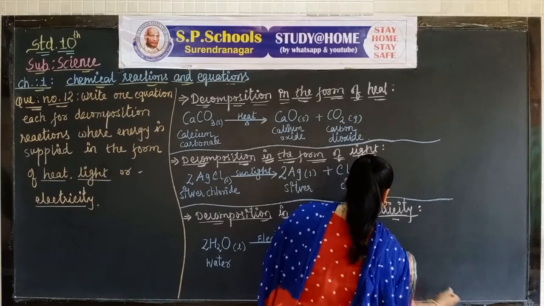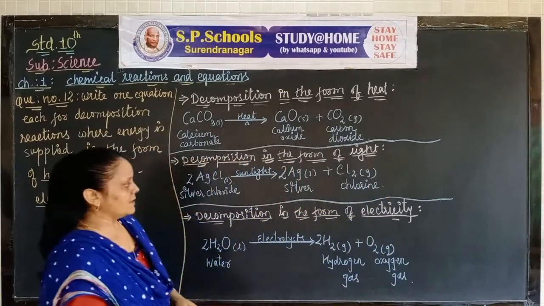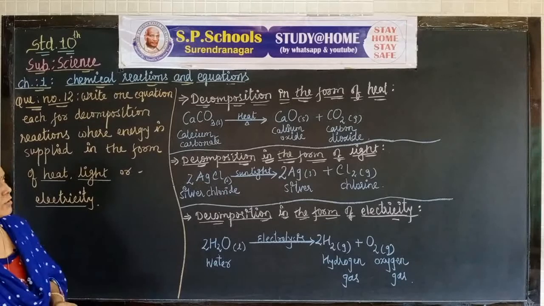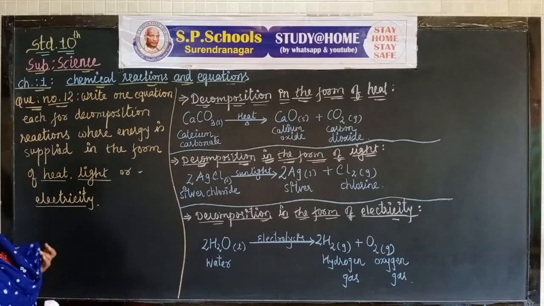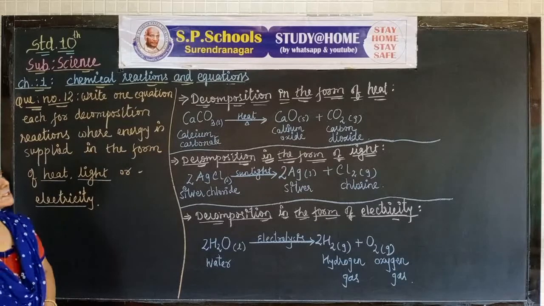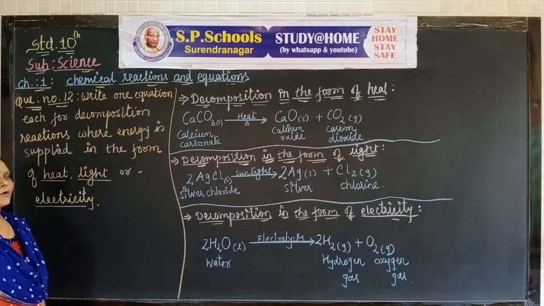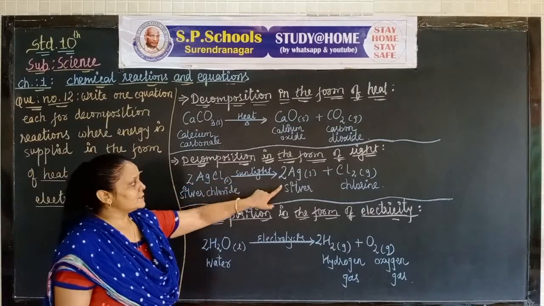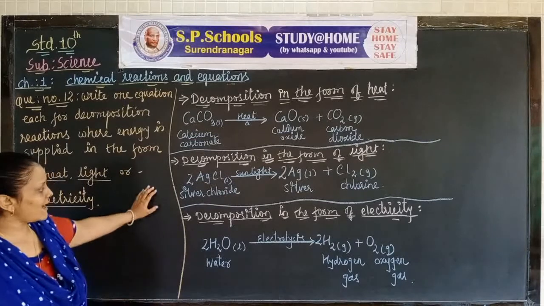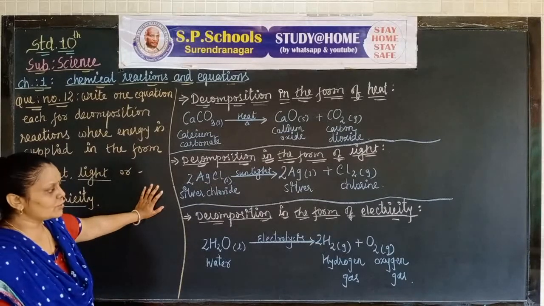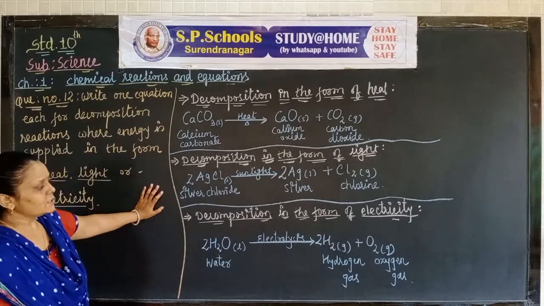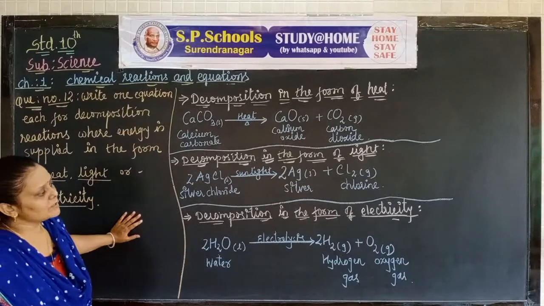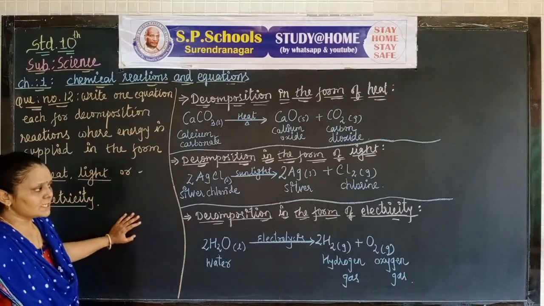and oxygen gas. So friends, here we write three types of decomposition reaction in the form of heat, light and electricity. CaCO3 gives us CaO plus CO2 in the form of heat. 2AgCl gives us 2Ag plus Cl2 in the form of light, and 2H2O gives us 2H2 plus O2 in the form of electricity.